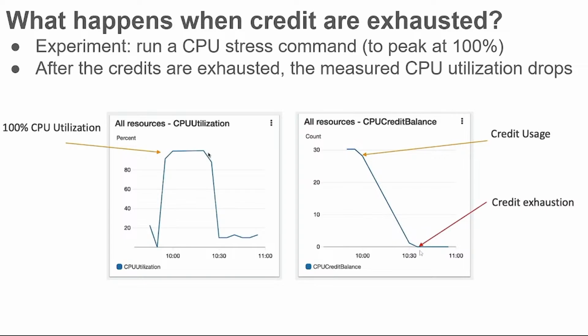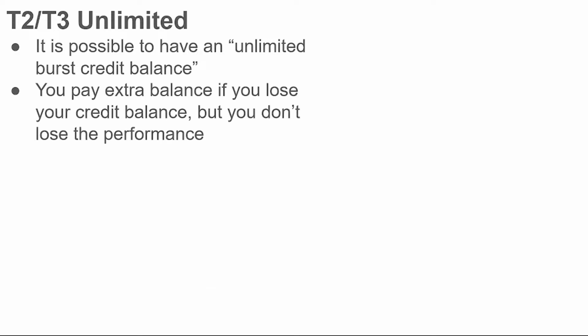When it becomes zero, your credit is exhausted, and then your CPU utilization would be low again. Your CPU will be slow here. Next, it is possible to have an unlimited burst credit balance, but surely AWS will charge you for that.